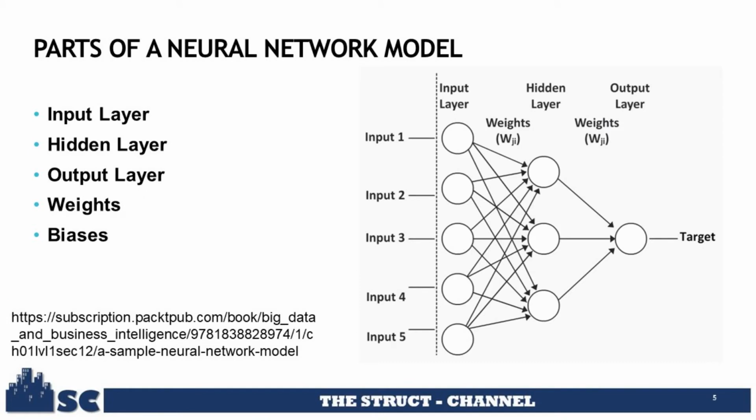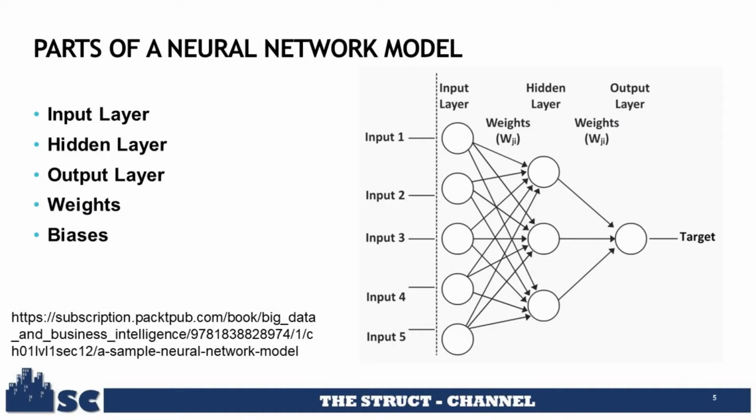Now, going to the parts of a neural network model. The network is divided into three layers, which are the input, the hidden, and the target layer. The input layer, which comprises the input nodes, is the layer that receives the signal.